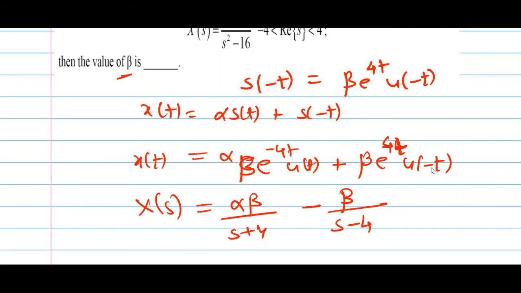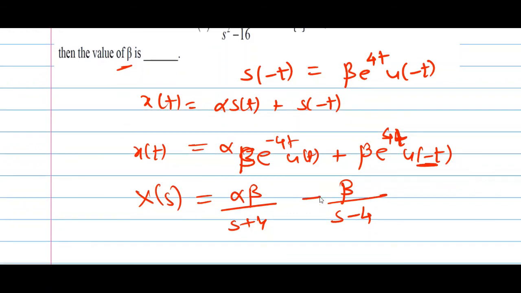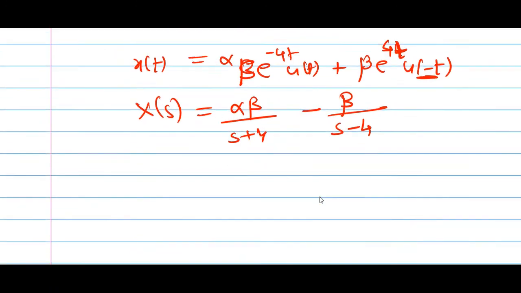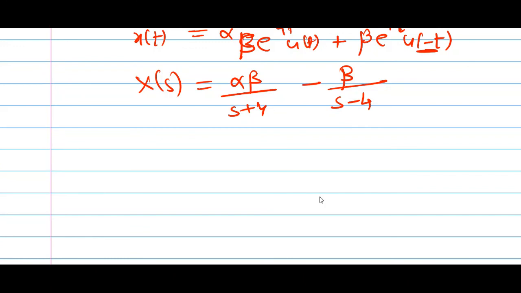Because u of minus t is there, the answer will also have minus beta. I hope now it is clear. Here minus u of minus t is there, so here also a minus sign will come while taking its Laplace transform. Just go through the previous videos of inverse Laplace if you are not getting why the minus sign has come.